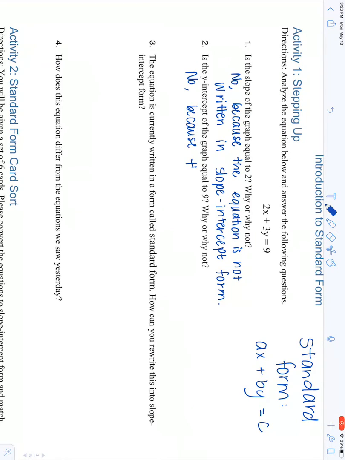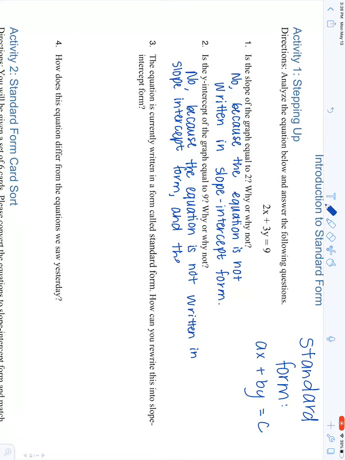And for the last question, no, because the equation is not written in slope-intercept form, and the coefficient of y is not 1.